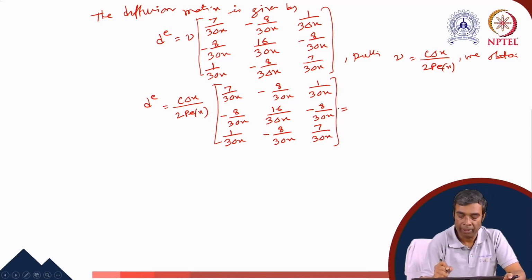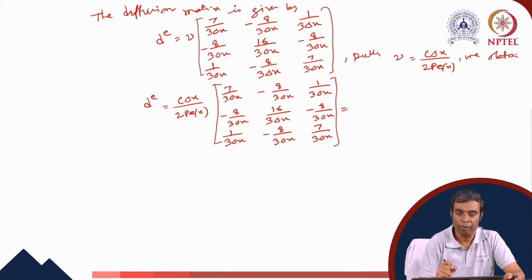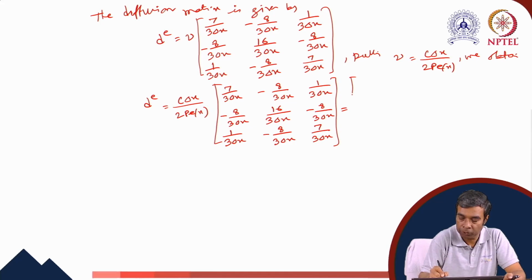So removing delta x from all these terms, we get the final form of the diffusion matrix.